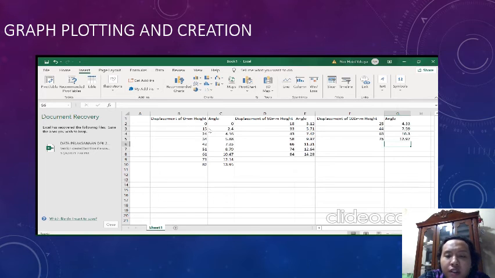Okay, I'm very sorry again. The head title is not a graph of result but the stability of the buoyancy, which is the head title of this experiment. That's all for my graph plotting and creation.